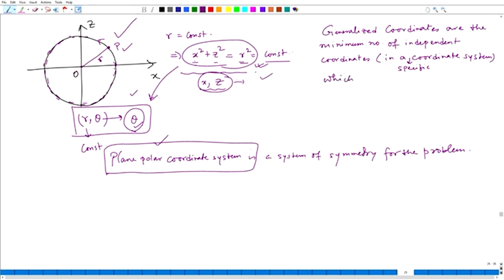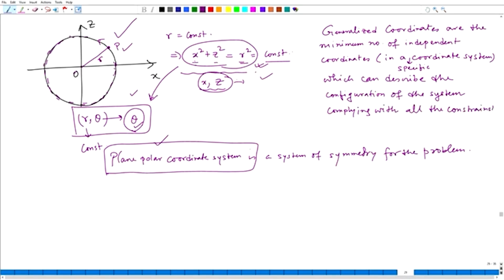which can describe the configuration of the system complying with all the constraints, or rather holonomic constraints imposed.